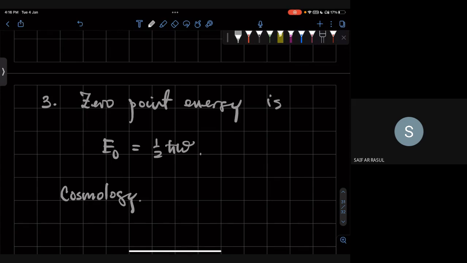And the positive cosmological constant is a candidate for the vacuum energy.